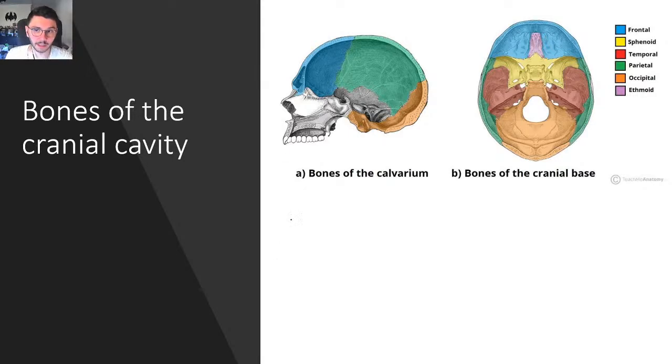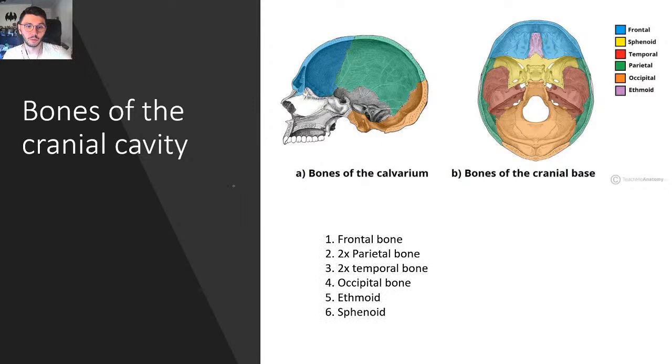So if you were asked to name the bones in the brain, you would say 1 frontal bone, 2 parietal bones, because they're on both sides, 2 temporal bones. We have 1 occipital bone, 1 ethmoid bone, and 1 sphenoid. And together they make the enclosure for the brain.